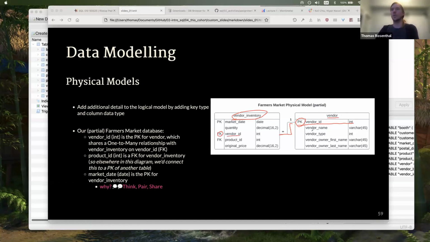And remember, for your relationship here, they need to share the same data type, right? So integer and integer, they do. Product ID is a foreign key for vendor inventory. So elsewhere on the diagram, we connect this to a primary key of another table.